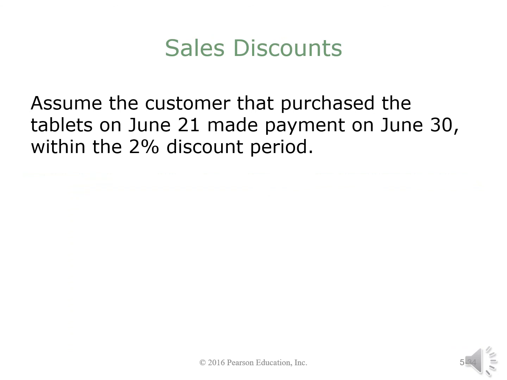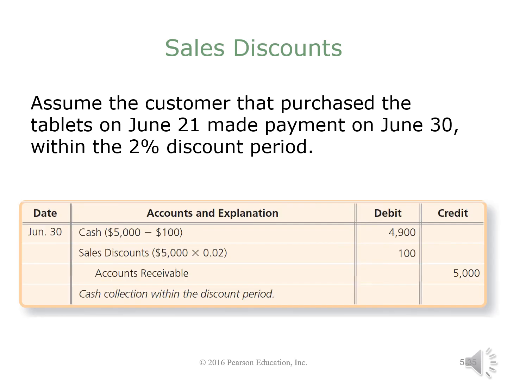Our final journal entry is for a sales discount. Let's assume that the customer that purchased the tablets on June 21 made their payment within the 2% discount period, so they're going to take that 2% discount when they make their payment. I'm going to start from the bottom.